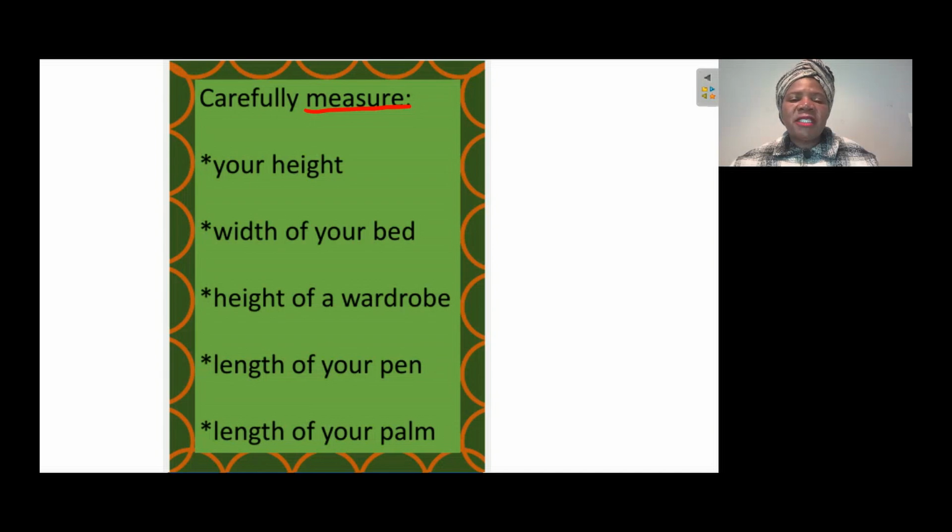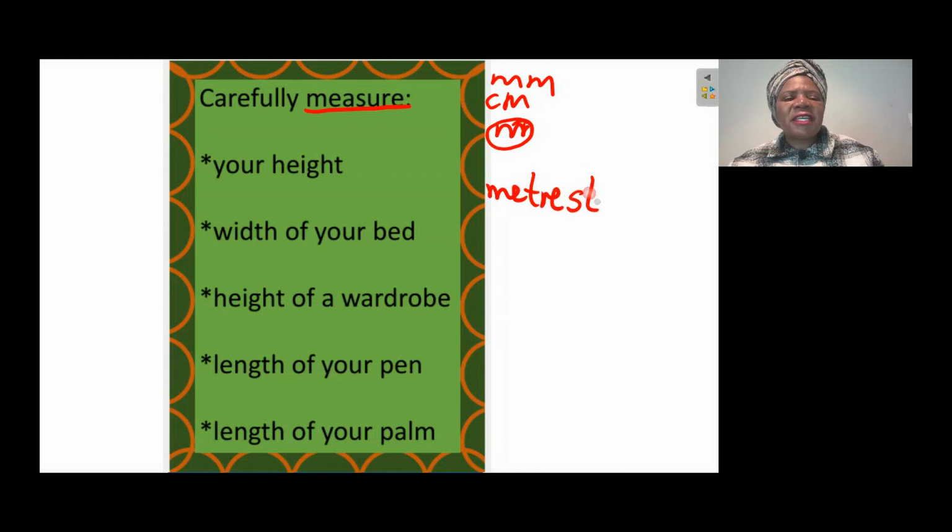Is it something that will need millimeters, centimeters, or meters, okay? So if we are to measure in meters, it means we must make a meter stick. How do you make a meter stick?